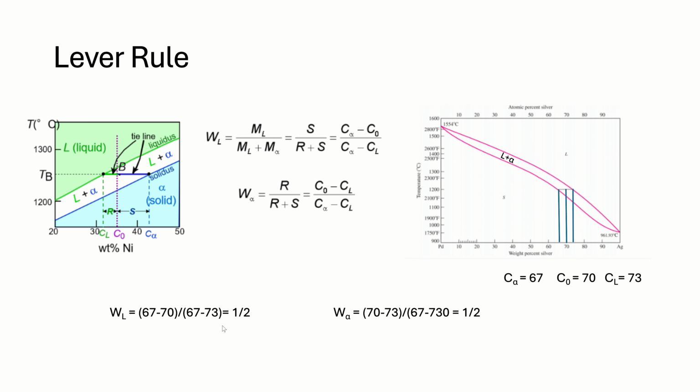So you can see after we calculated here, we get WL is equal to 1/2 and W alpha is equal to 1/2. And this shows that both distances were exactly the same. And that is how you find the relative change in the phase from cooling.